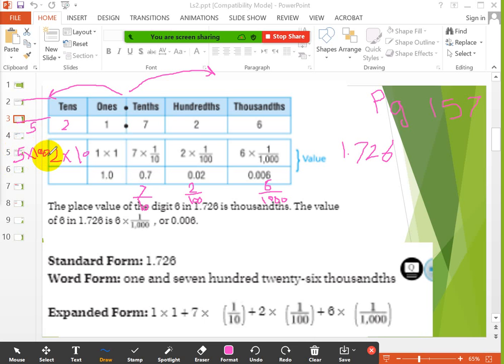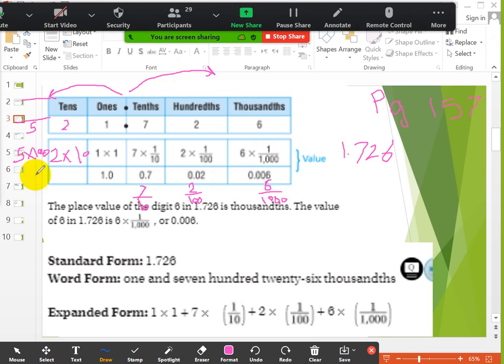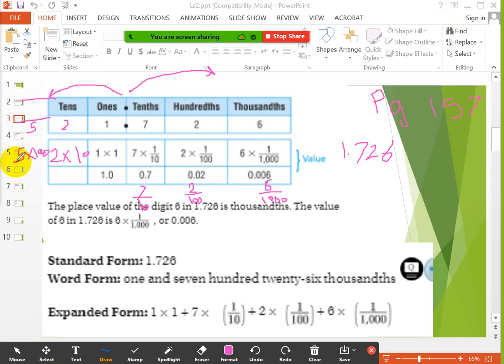So here, if I want to find the value in the hundredths, it will be the number multiply 1 over 100. It's the opposite way. Decimals are based on division, not multiplication. Okay? So the number will be smaller.